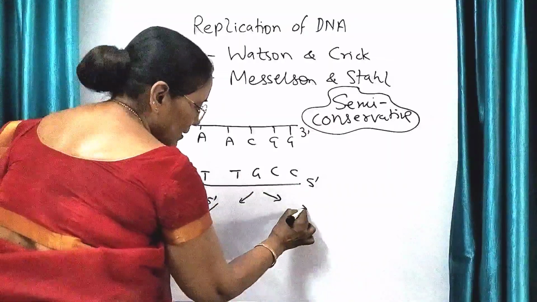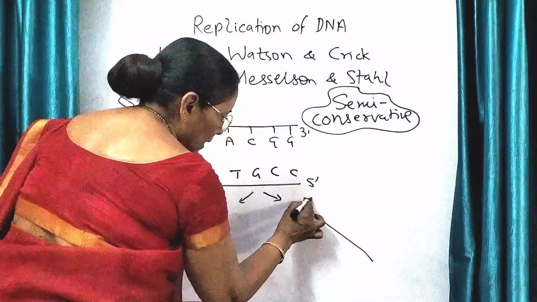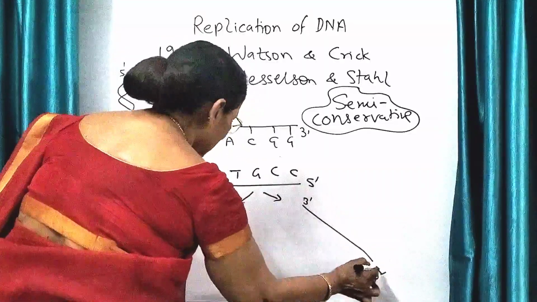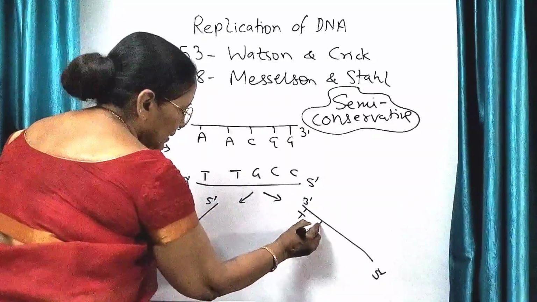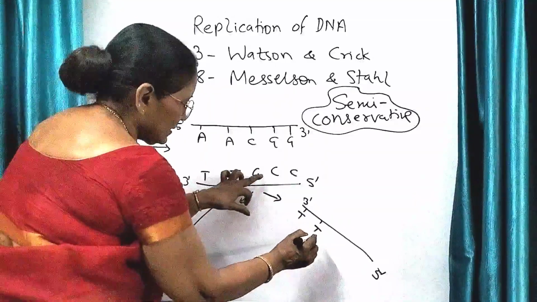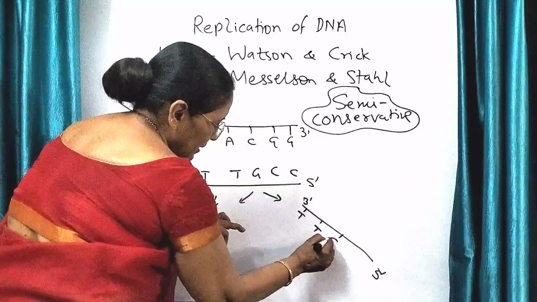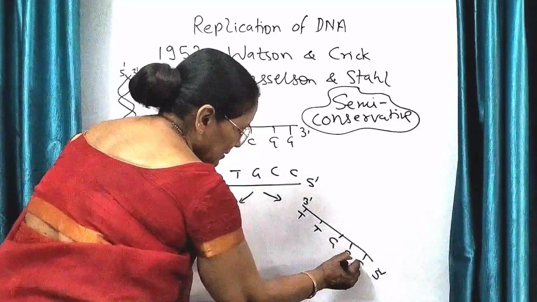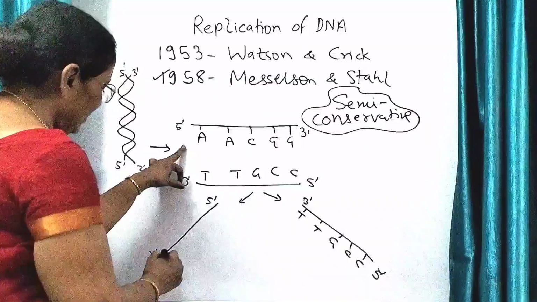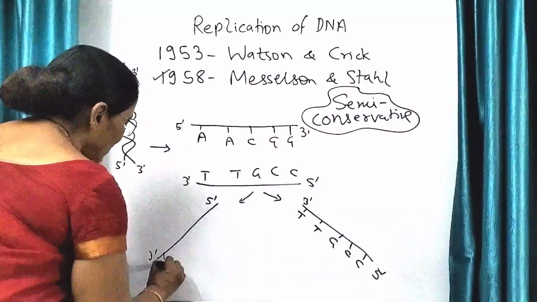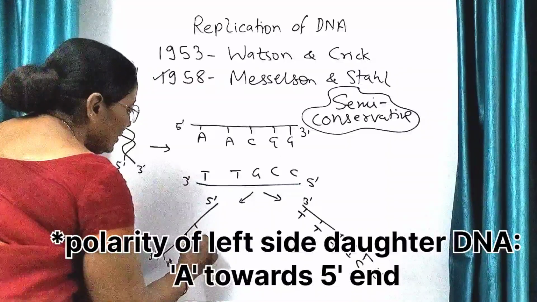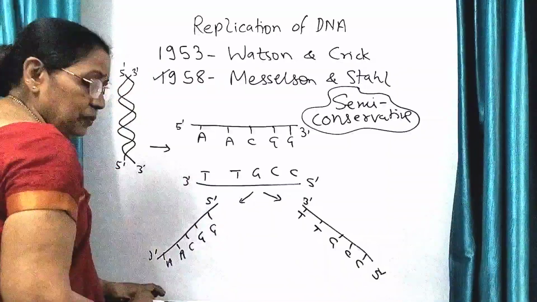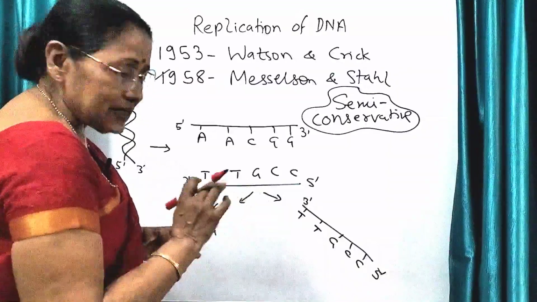And this another strand, its 3' and 5' end. This has T, T, G, C, C, G, C and C. This one has A, C, G and G.